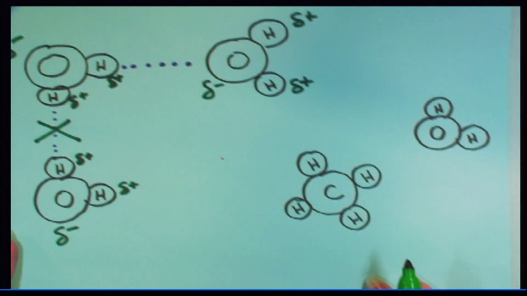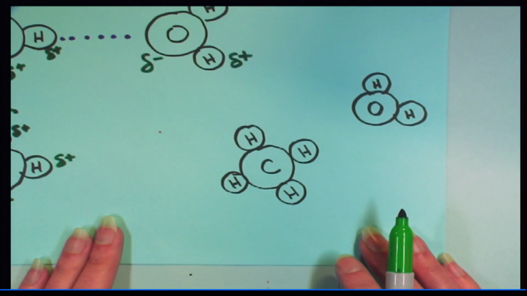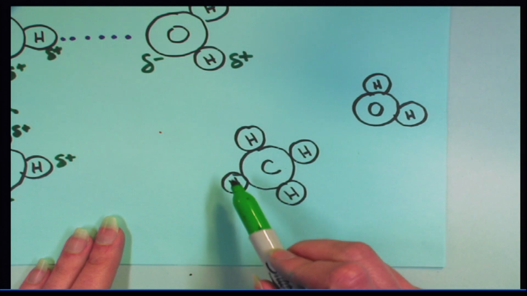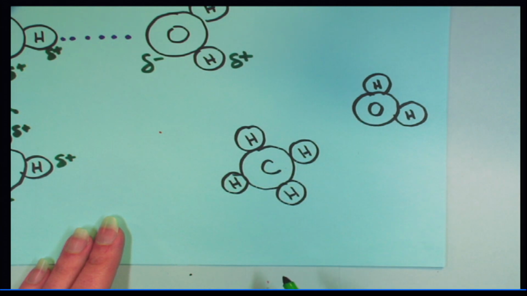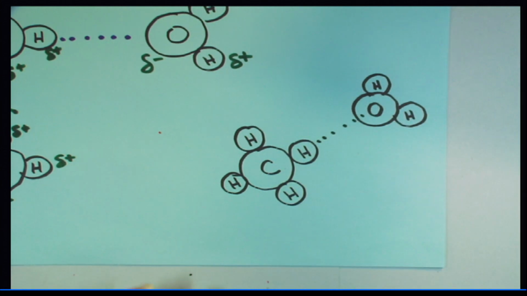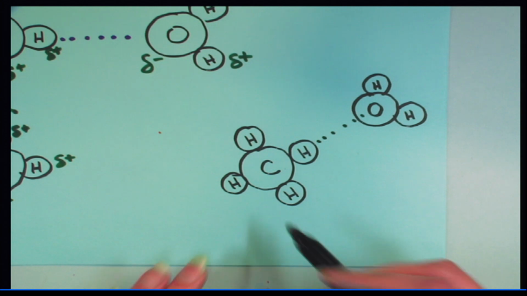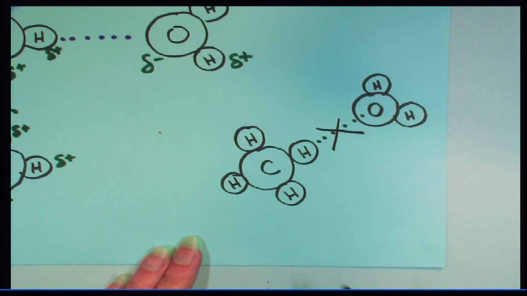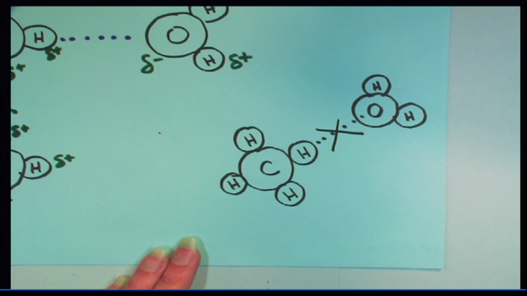Now I'm going to come down here and take a look at 2 new molecules. This is methane, it's 1 carbon and 4 hydrogens, and this is water. You might be tempted to do this, but in reality, there would never be a hydrogen bond formed between this methane and this water molecule. So this is false. But why is it false?